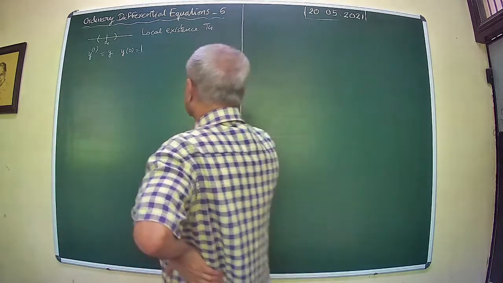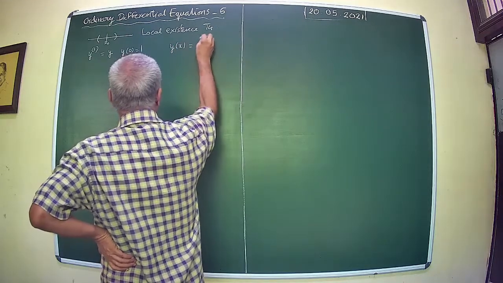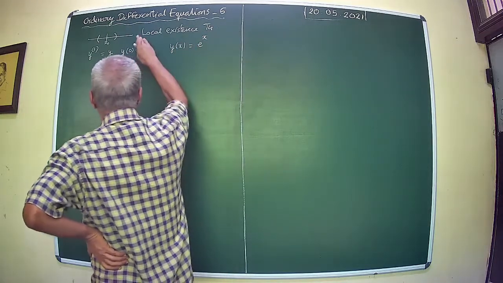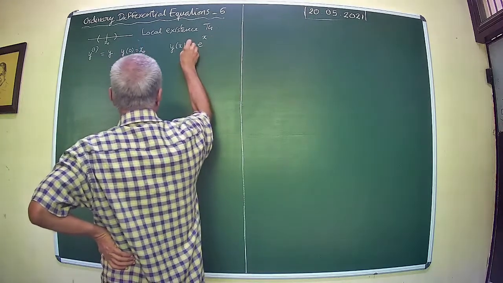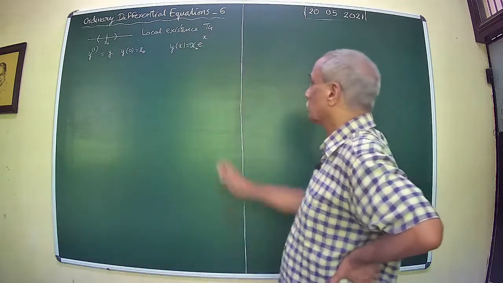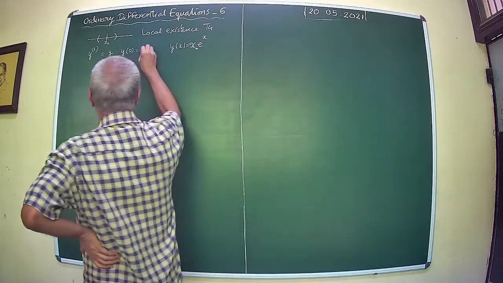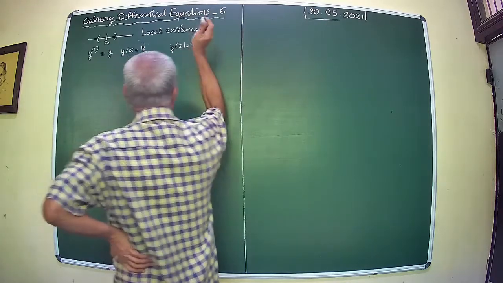Then the solution is y(x) equal to e to the power x, or more generally, with y0, it is going to be y0 times e to the power x.